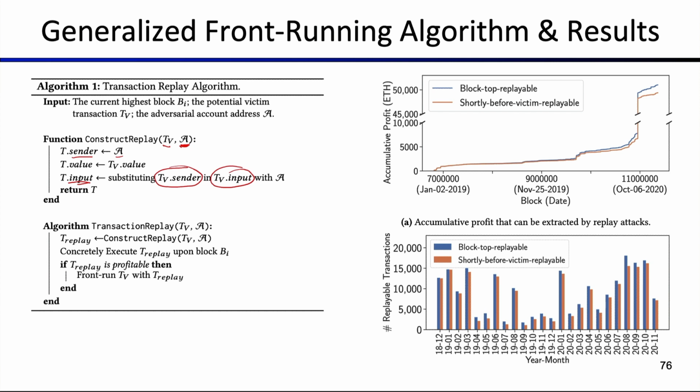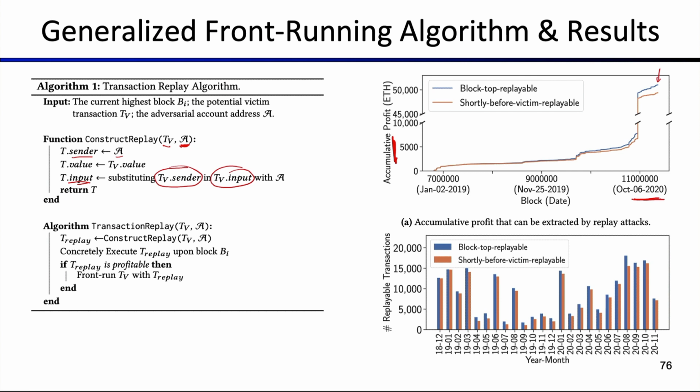And that's really it. On the x-axis we have the timeline that we evaluated this on the Ethereum blockchain, and on the y-axis we have the accumulative profit in Ether. For those blocks where we can replay on the top block, we can get probably over 50,000 Ether within those 32 months.